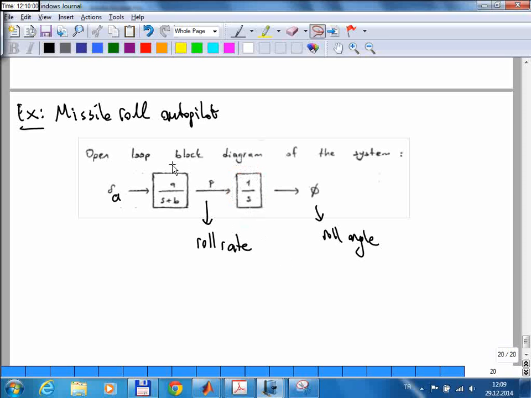Okay, so these two blocks together form the roll dynamics of a missile. If you give an aileron deflection, that passes through this first transfer function and gives you the roll rate, and if you pass the roll rate through the second block, the result gives you the roll angle. Okay?